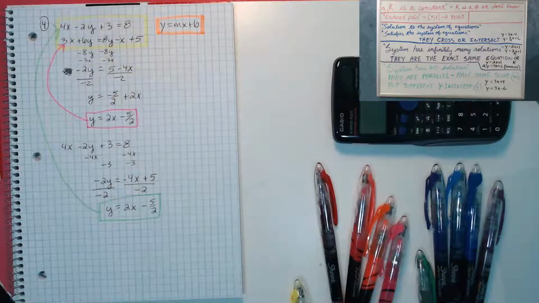Okay, so number 4, what do you notice about these two equations? They're the same. They are the exact same equation. So how many solutions do we have? The system has infinitely many solutions.